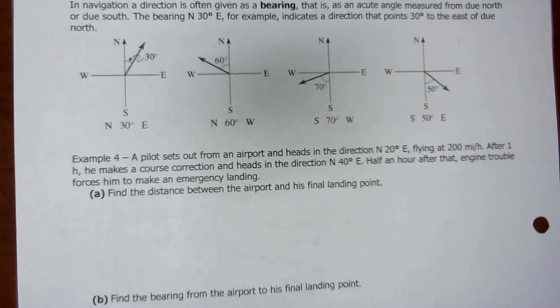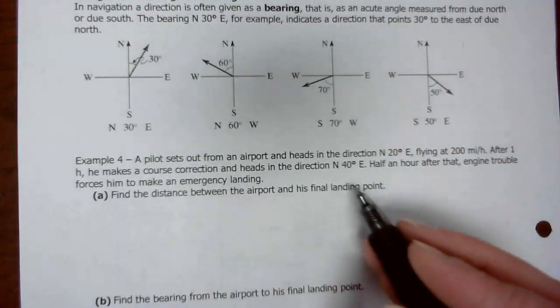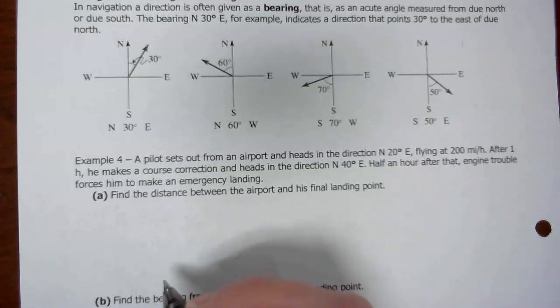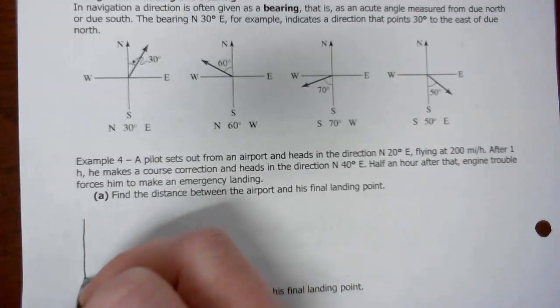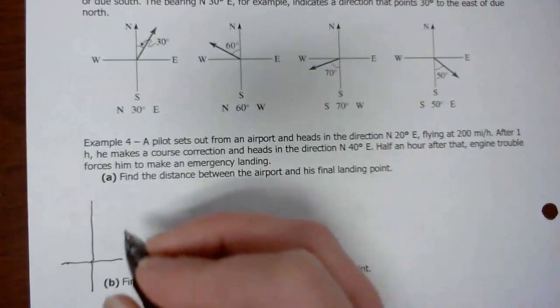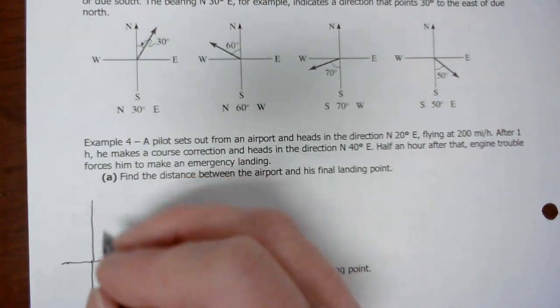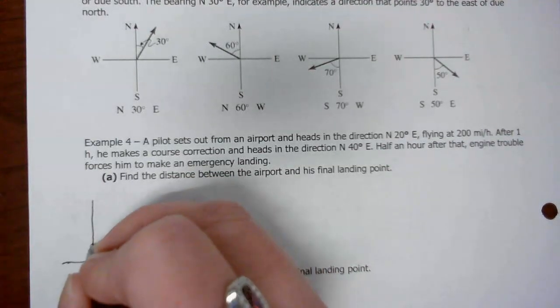So our example 4, a pilot sets out from an airport and heads in the direction of north 20 degrees east. So if I was thinking about here, that would be north 20 degrees east, would be going 20 degrees in this direction.